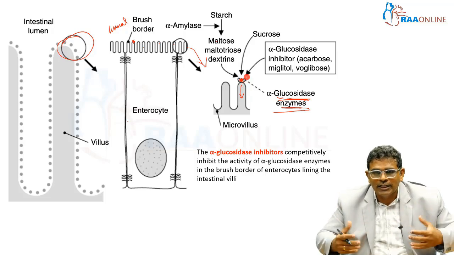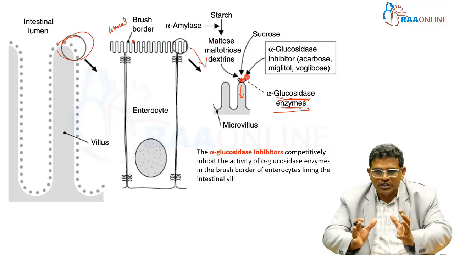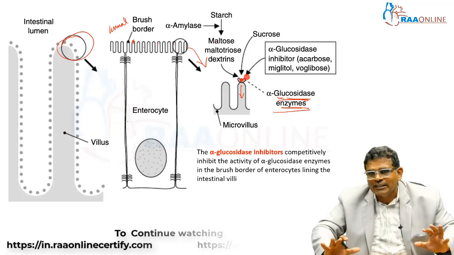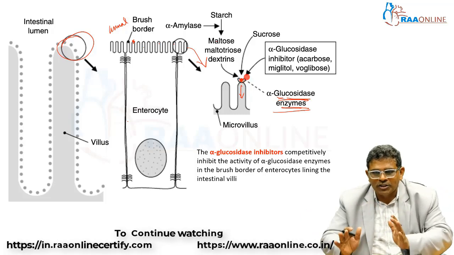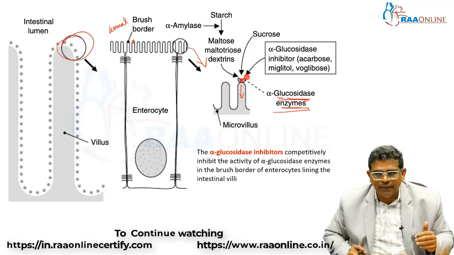The alpha glucosidase inhibitors sit on the alpha glucosidase enzyme and prevent the conversion of maltose, dextrins and sucrose to the simpler monosaccharides. That is how the alpha glucosidase inhibitors work.